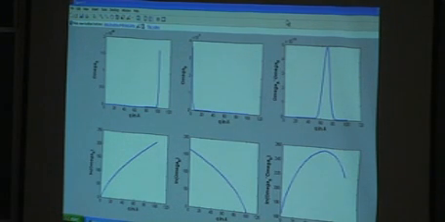Now focus your attention please on these graphs. Let me just check if we can look at these from the back. They are visible? They're clear? You can't see the font, but I'll tell you what these graphs are.